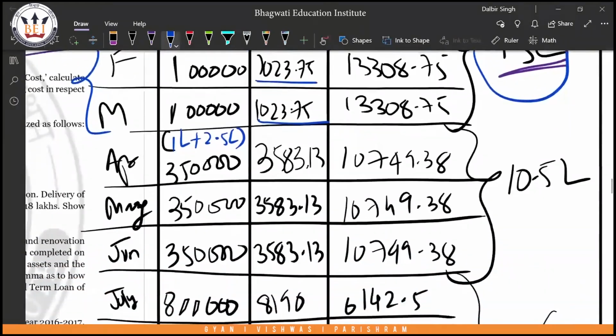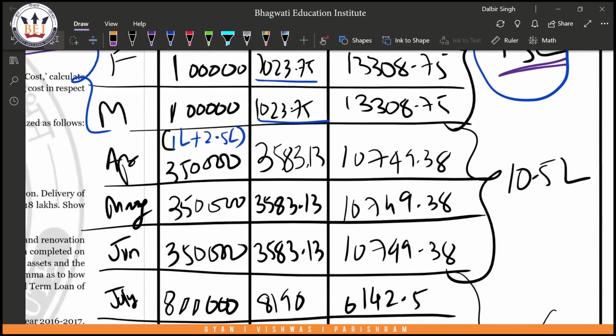Come April, if you read the question, in April 2,50,000 is expended. So 1 lakh which was expended in the previous months, and 2.5 lakh which was expended in April, the total expenditure which you've incurred on the building is 3.5 lakhs. Now on the same basis, you have to find this amount.